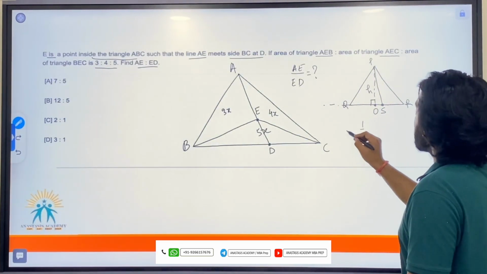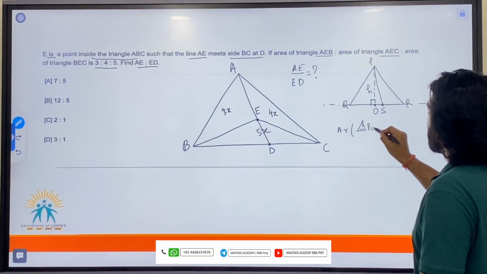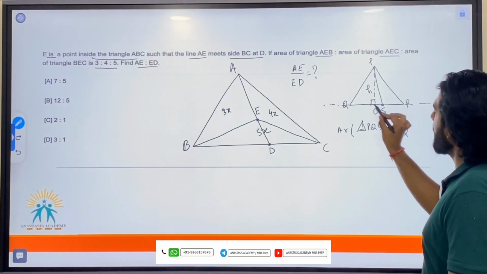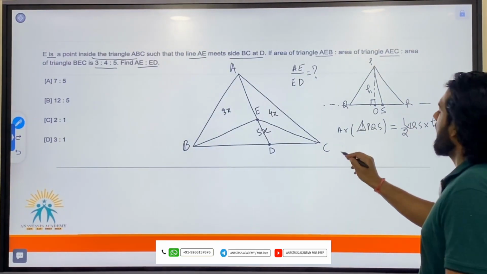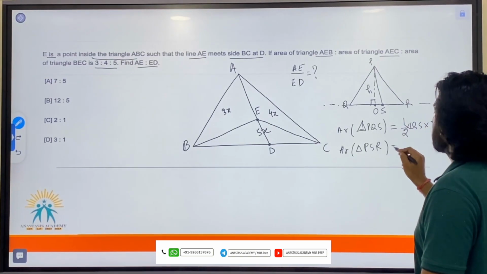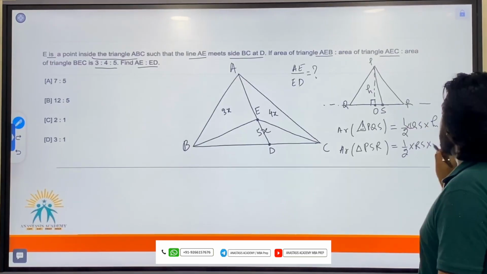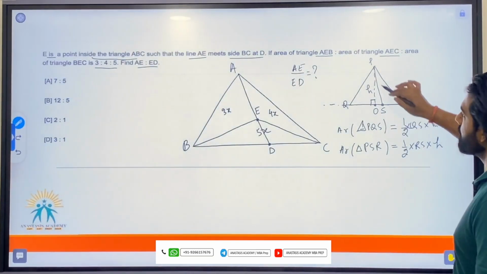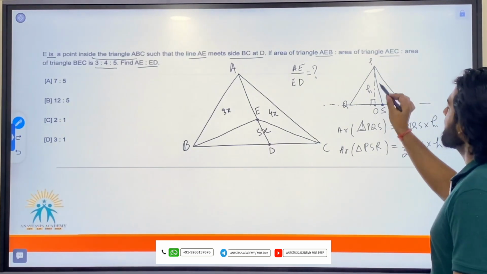So I can write the area of triangle PQS would be half, base of this triangle is QS, into height. Height is H, right? And the area of triangle PSR is equal to half times base RS into height H. For this triangle also the height is H. It's an obtuse angle triangle, so the altitude is outside the triangle.